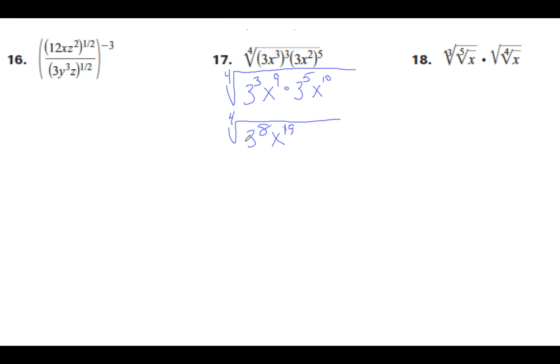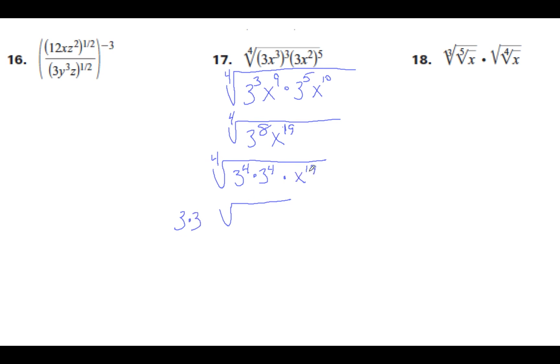Now I don't want to do 3 to the 8th. That's a huge number. However, I want to take the 4th root of 3 to the 8th, which is 3 to the 4th, times 3 to the 4th, times x to the 19th. 3 to the 4th, 4th root of that is going to be 3. 3 to the 4th, another 4th root of that is going to be 3.